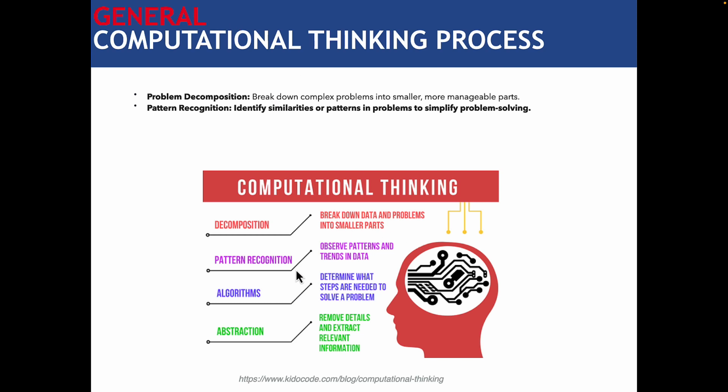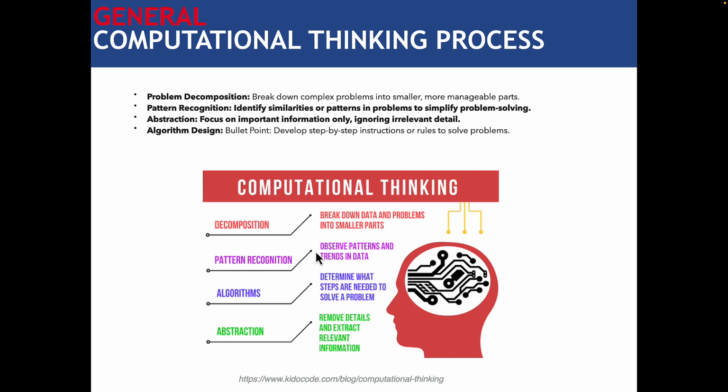Observe patterns and trends in the data. And then, once you have found your pattern, you're going to develop your algorithm, or what we call abstraction, which is like the English algorithm that I have shown to you, the steps. And then the algorithm design, which is to develop step-by-step instructions or rules to solve the problem. So usually when you have, for example, mathematical problems that you have difficulty solving, or when you have a matrix, or when you have to read from a file, most of the time you jump directly into the code.